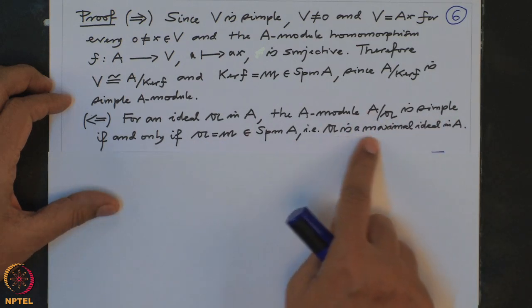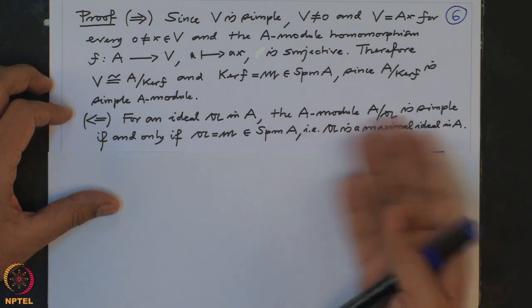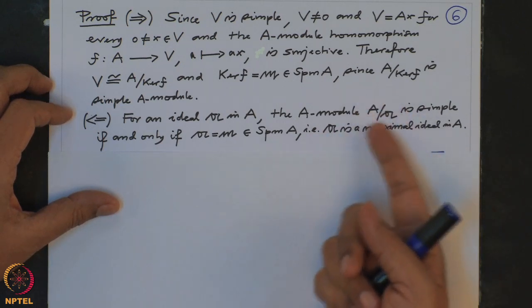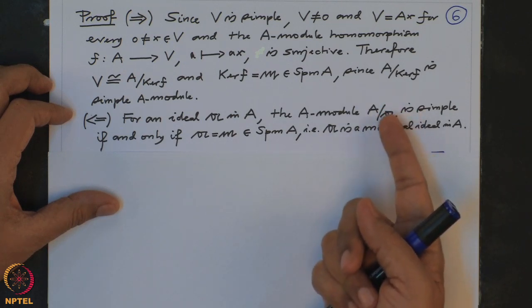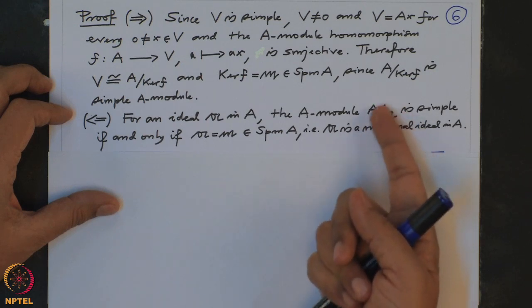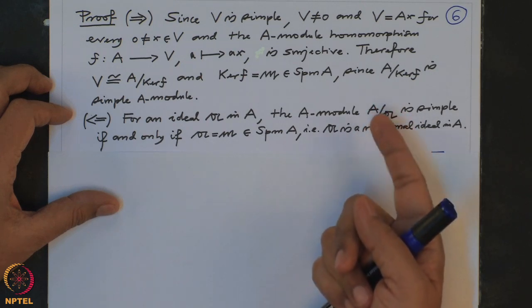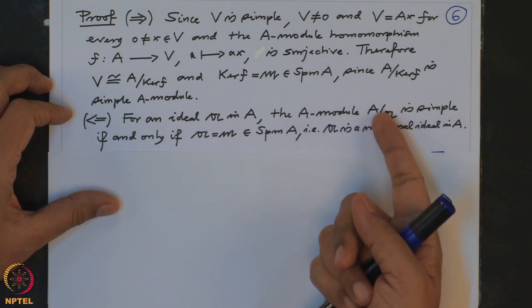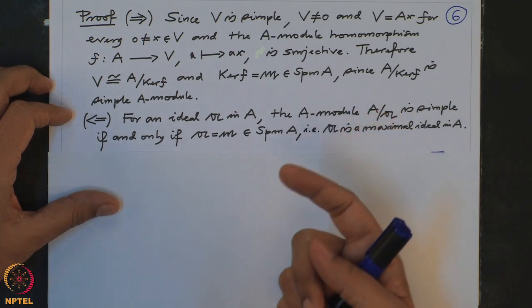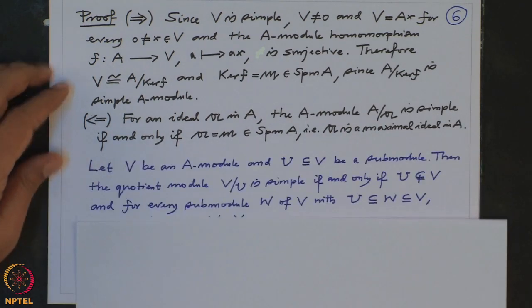This is also very easy, because this module being simple means it is non-zero first. So, I is a proper ideal, and there is no other ideal in this residue class ring, because a proper ideal of this ring would give you a proper submodule of A by I. So, that proves the proposition.